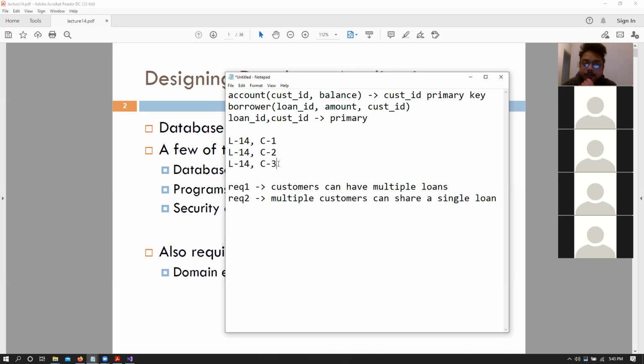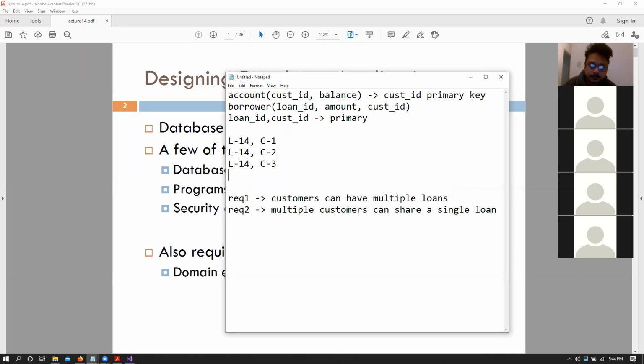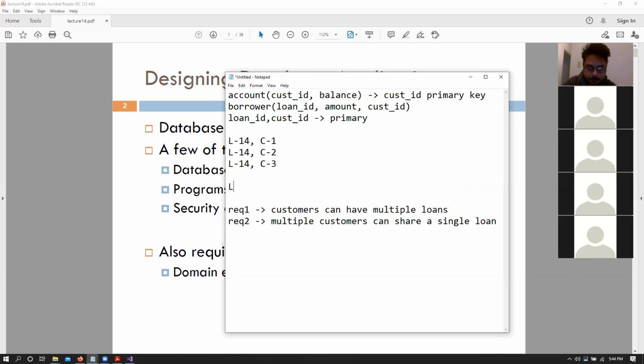So if the pair of these two things is the primary key, then a single loan can be held by multiple customers, and multiple loans, let's say L15, can be held by a single customer, right? So C4, let's say.